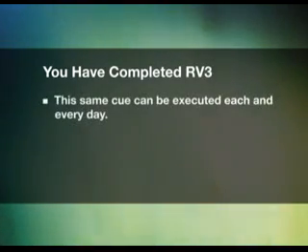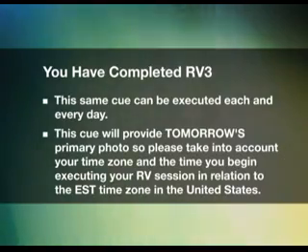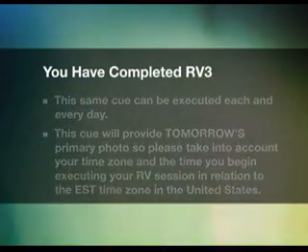This same cue can be executed each and every day, and if on target, you will accurately receive tomorrow's front page primary photo, which in most cases refers to the top story for the day. Remember, remote viewing provides up to 80% accuracy for trained viewers. Therefore, you should be hitting almost each daily target with extreme accuracy.